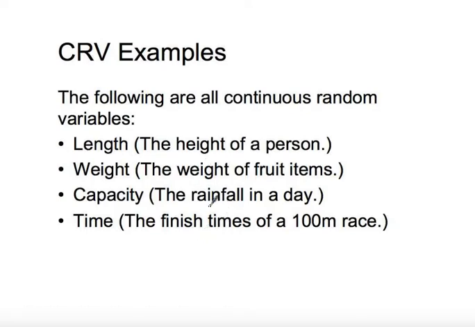All of these are, firstly, things that we'd have to measure. Secondly, the height of a person can take an infinite amount of values between 1 and 2 meters, for example. The weight of fruit items could take an infinite amount of values, if we're talking about apples, between 100 and 200 grams. Okay? Discrete random variables take very specific values, and there is a finite amount of them.